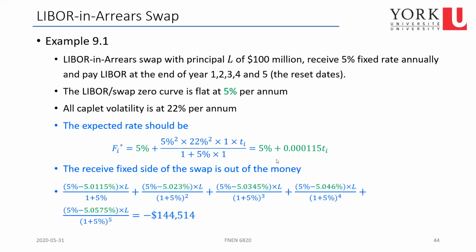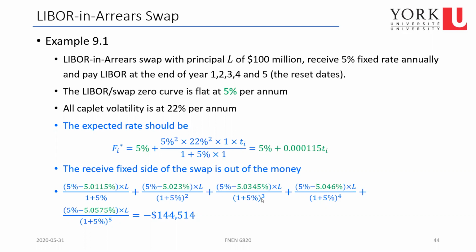Once you have determined this Fi star, you can plug in the Fi star. For the first year, you would receive 5%, but you will pay this. Here Ti is 1, here your Ti will be 2, and Ti will be 3, and so on.